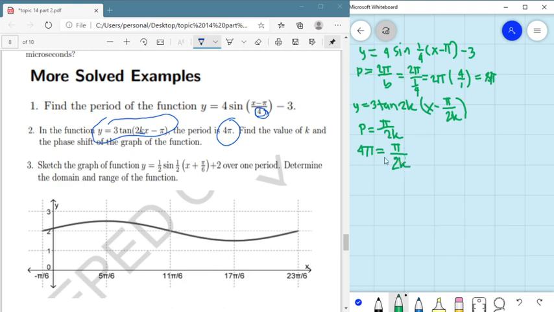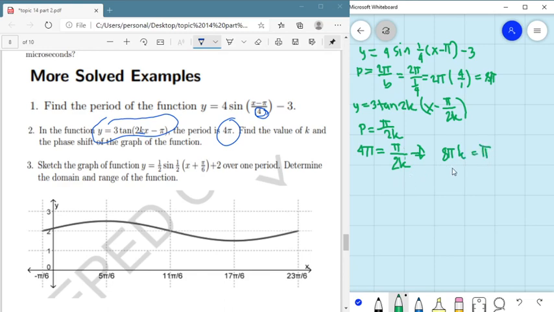Okay, so by cross multiplication, this will give us an answer which is 8 pi k equals pi, right?